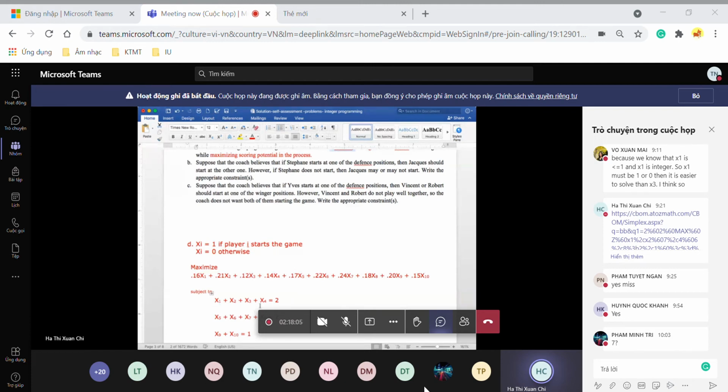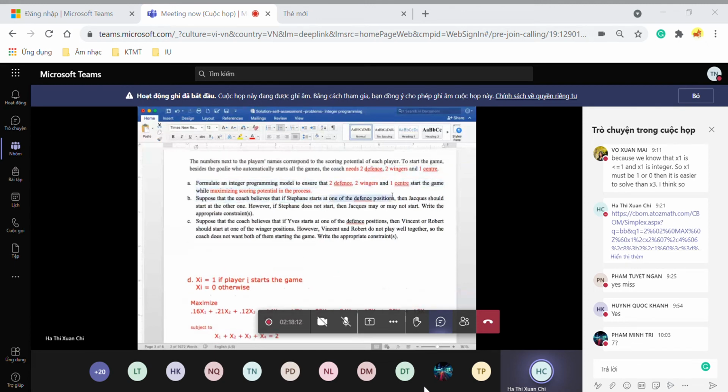Suppose that the coach believes that if Stephen starts as one of the defense positions, then Chuck should start at the other one.